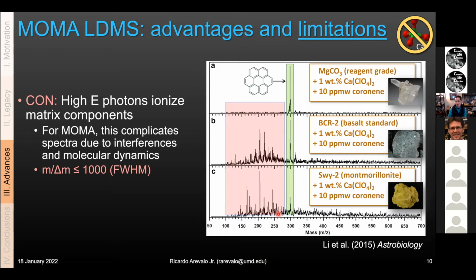Those aren't elemental signatures. Those are clusters or recombined compounds that represent the matrix, but they're not the matrix. And so it's challenging to understand what this stuff is with a limited mass resolving power.